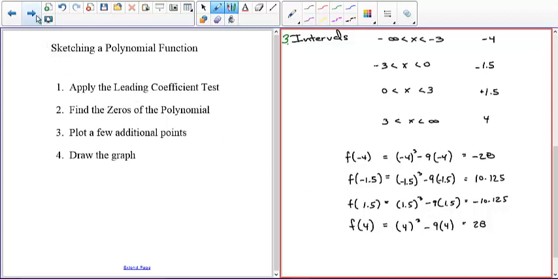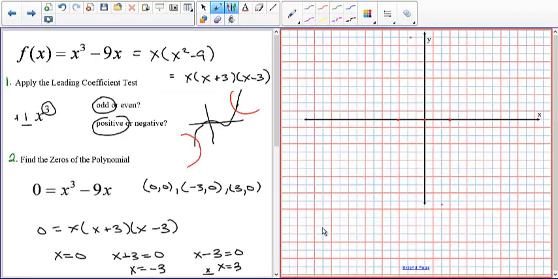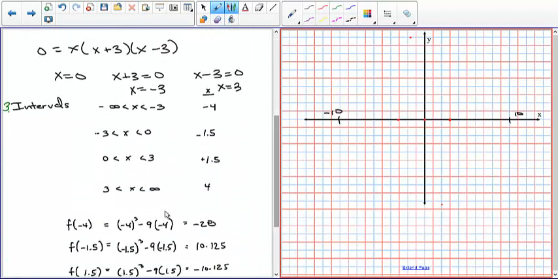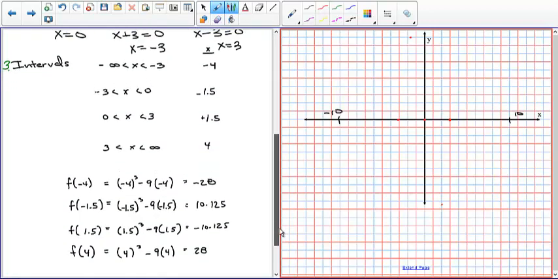So now we just draw the graph. Here is some graph paper, and let's put a scale in here. 1, 2, 3, 4, 5, 6, 7, 8, 9, 10. So this is negative 10. 1, 2, 3, 4, 5, 6, 7, 8, 9, 10. So that's positive 10. Now, in the y direction, you can see my y values: negative 28, positive 28.